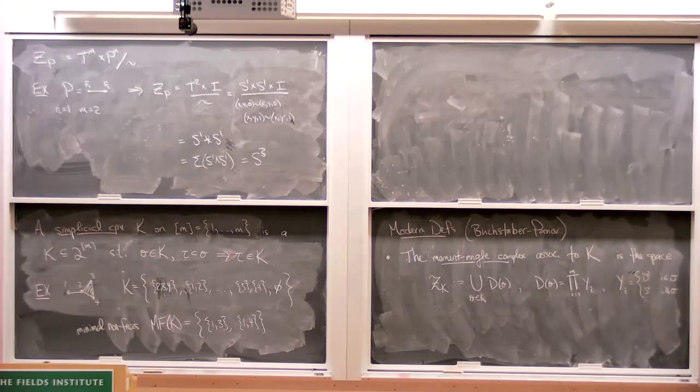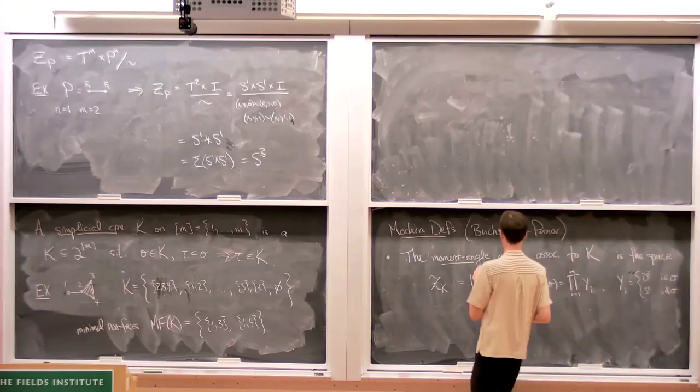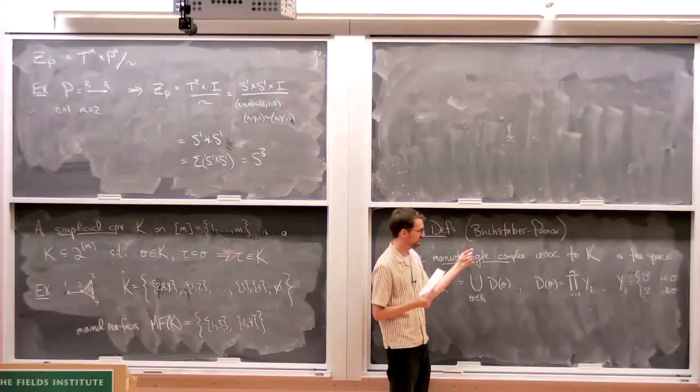I'm always going to think of the disk in this way. S1 are complex numbers of length exactly 1. And by a torus, T^M will always mean this compact torus, an M-fold product. So notice D is just a simple diagram, right?